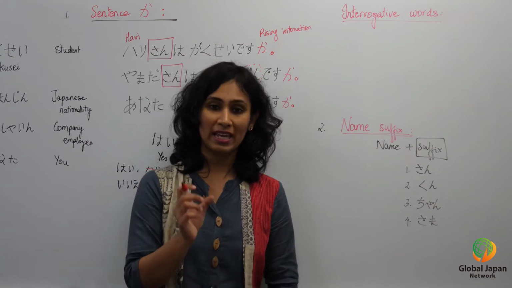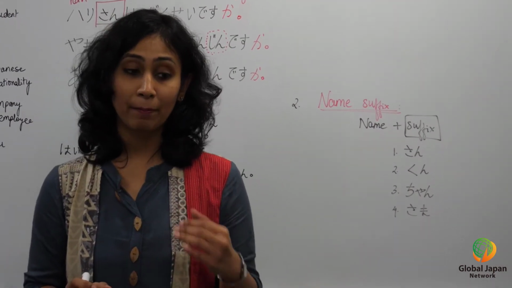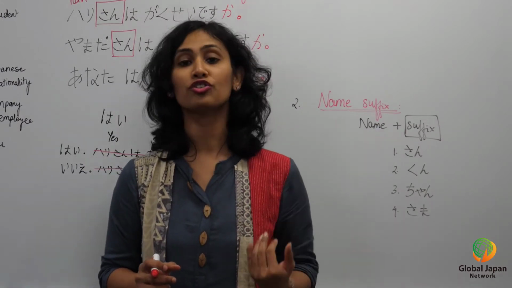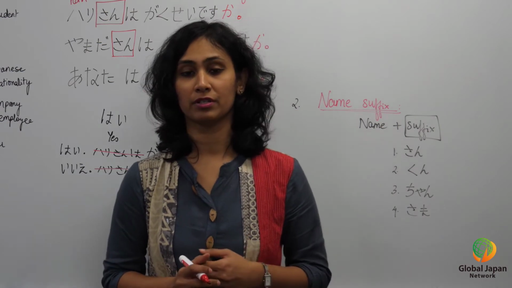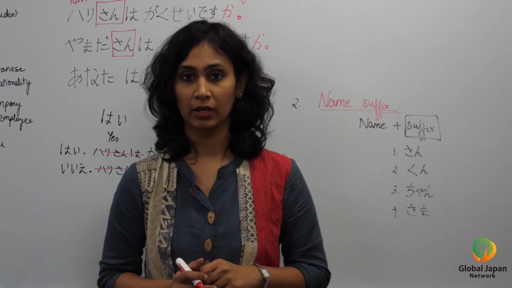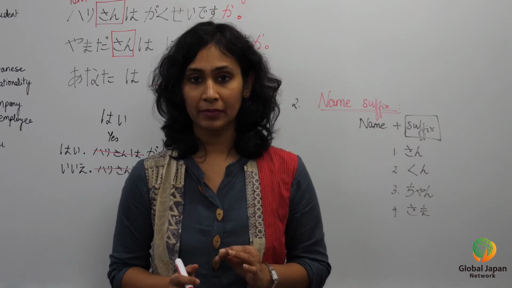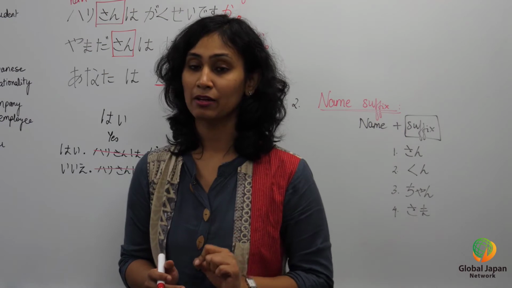When it comes to name suffixes, there are a couple of them, and depending on the relationship you share with the person and the age of the person, you should decide what suffix to use. Commonly, the suffix used is san. I repeat, san.